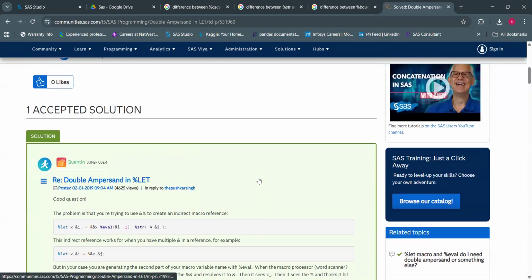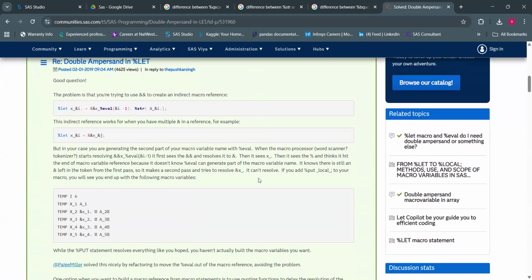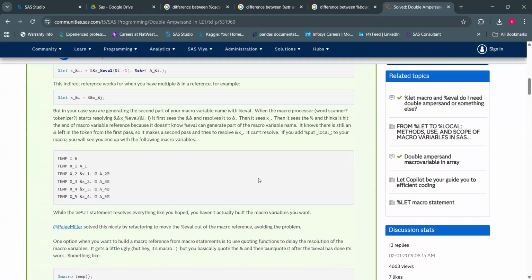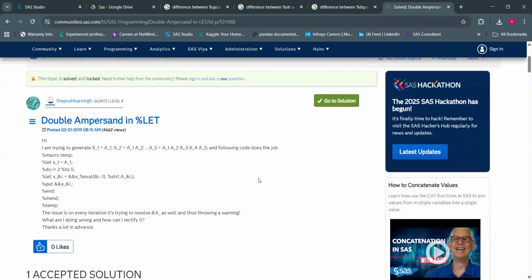Whenever we have iterations, we use double ampersand. I don't have a simple single answer. For me, it was like if we miss one ampersand, then the answer will be different.